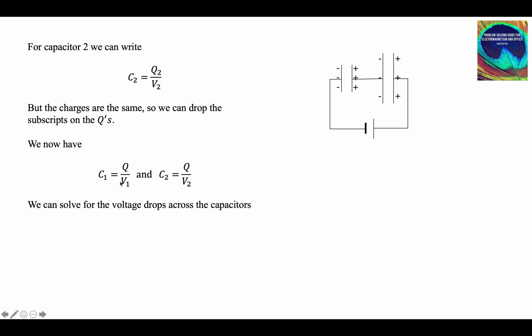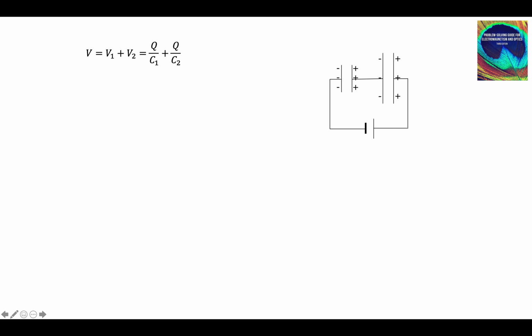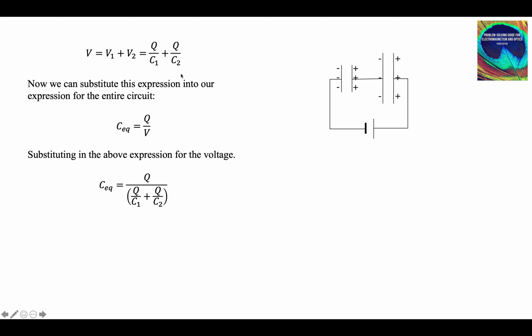We can solve this for the voltage drops across the capacitor by switching the V's and the C's. And we know that V1 plus V2 is the voltage of the battery. If this is going too fast, just pause it. So now we can substitute this expression into our expression for the entire circuit, which is C equivalent is Q over V, and this is V, right there, V1 plus V2.